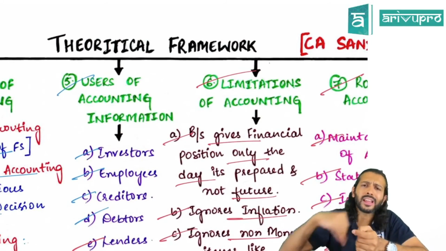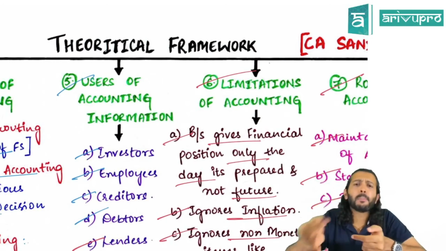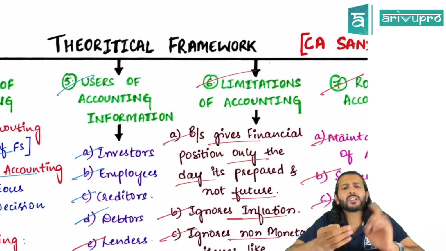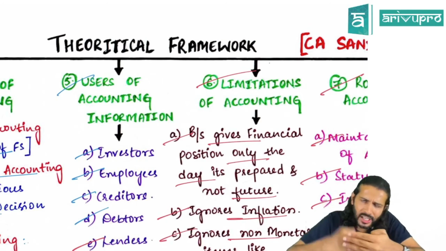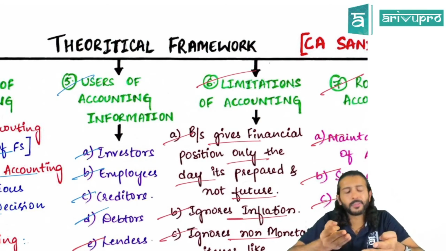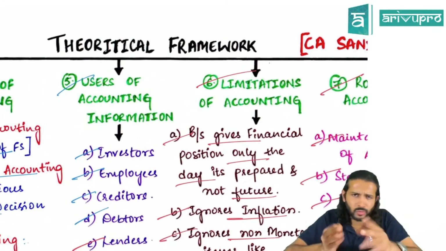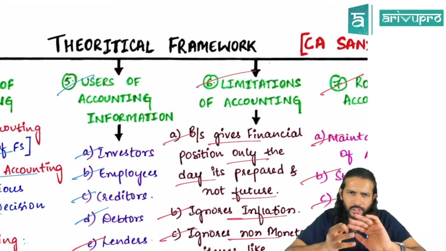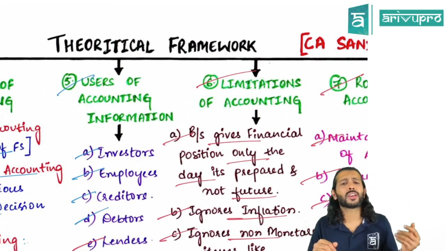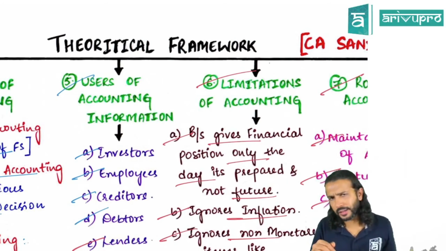Users of financial statements could be: one, investors. They can use it to take investment decisions. Two, employees. Employees can use financial statements to decide whether they should stay in this organization or quit, or how much bonus or hike they should ask for, etc. Creditors can use financial statements to determine credit period.